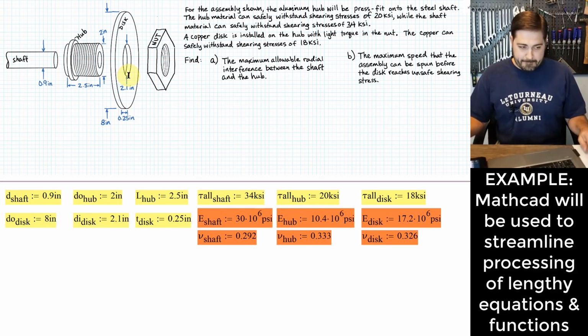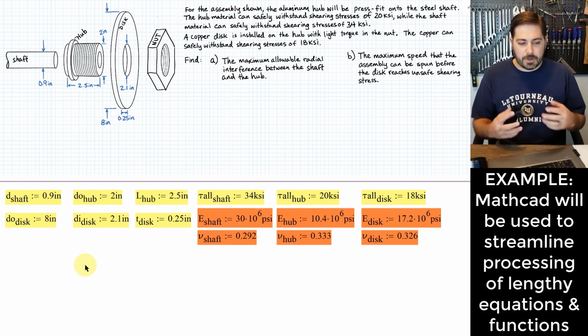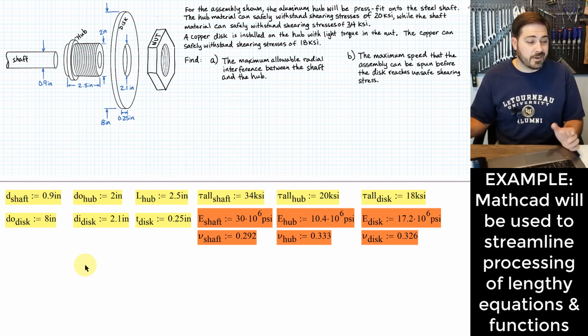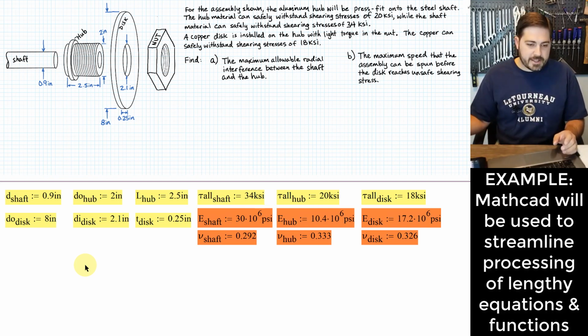All right, and you can probably tell I've got a MathCAD sheet down here that I'm going to use to compute all this stuff. I mentioned earlier that a lot of these problems tend to be plug and chug. You find all the parameters that you need and plug them into the equations, and because the equations are not necessarily difficult, but can have a lot of terms in them, I figured MathCAD would be a good way to present that kind of material without getting bogged down in the specifics of doing the calculations.